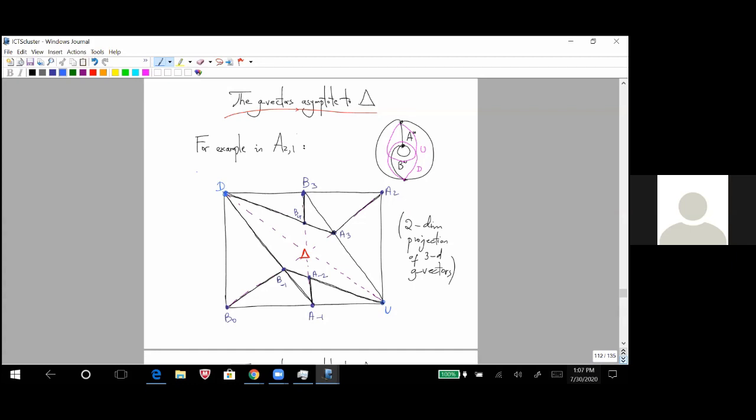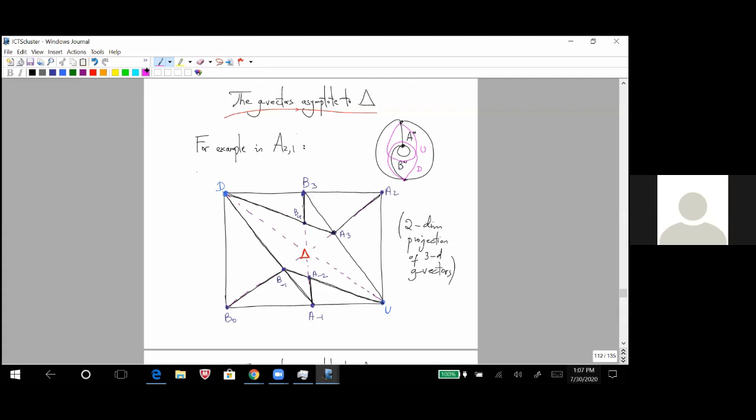And let me show you just how it works in A21, a slightly bigger example than the one we saw before, because it has more moving parts that illustrate the generic situation. We didn't quite see everything in that A11 example. What we're seeing now in this A21 picture is basically everything which is relevant to the geometry of the g vectors and the story of the polygon.